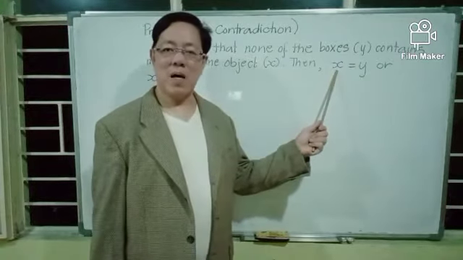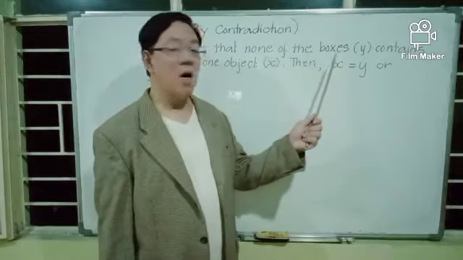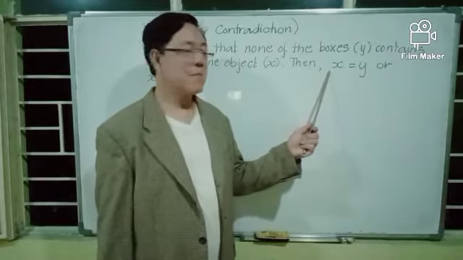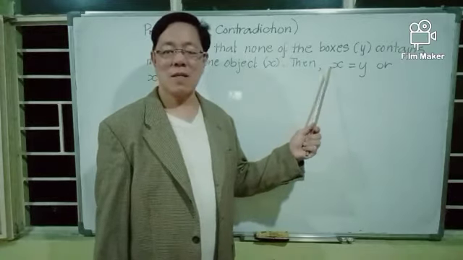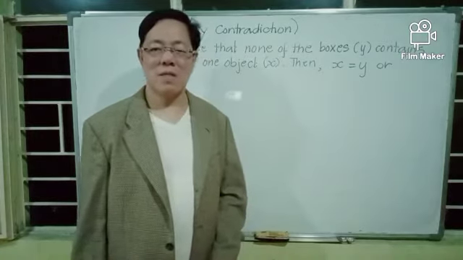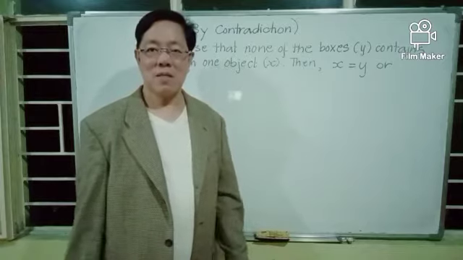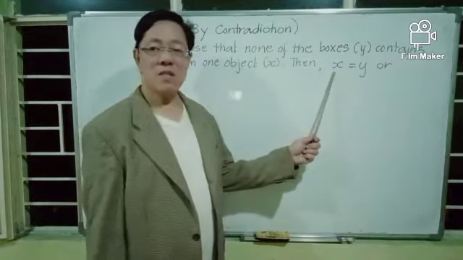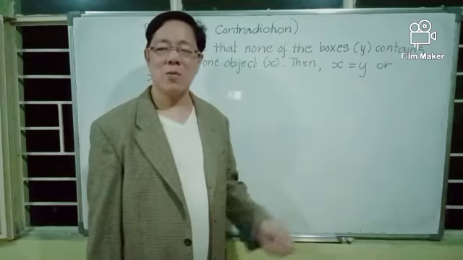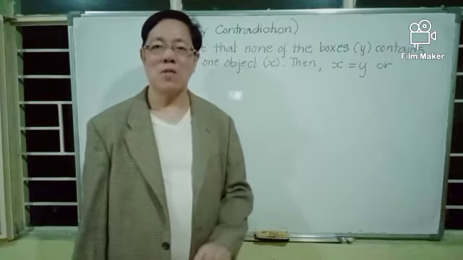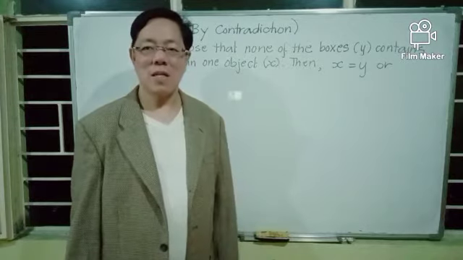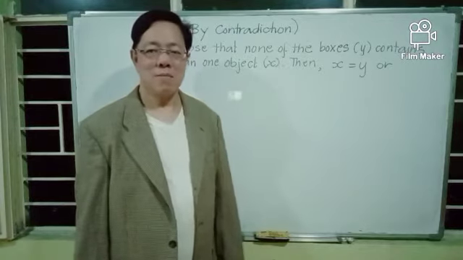The first possibility is that the number of objects is equal to the number of boxes. And because none of the boxes contains more than one object, we can place exactly one object to exactly one box. One box will contain exactly one object.